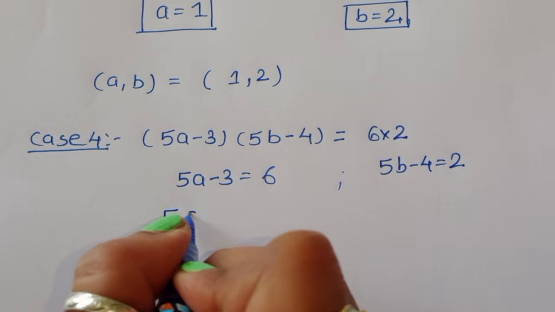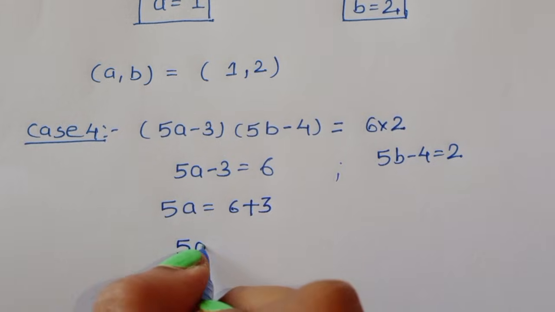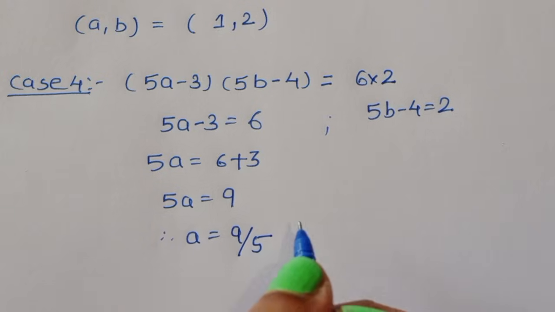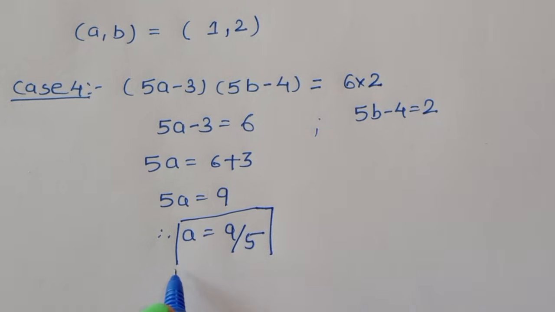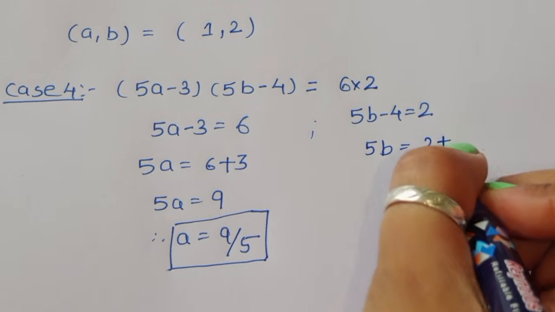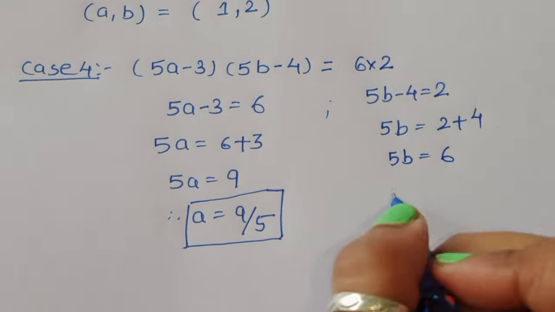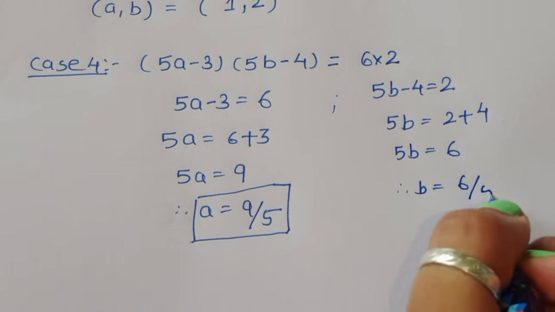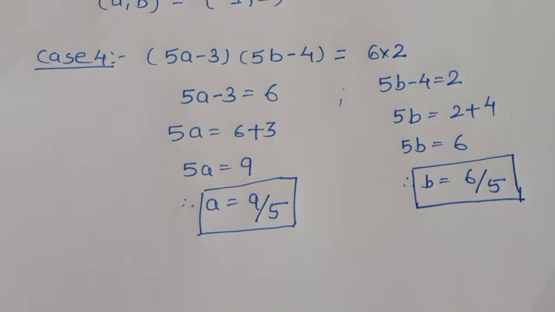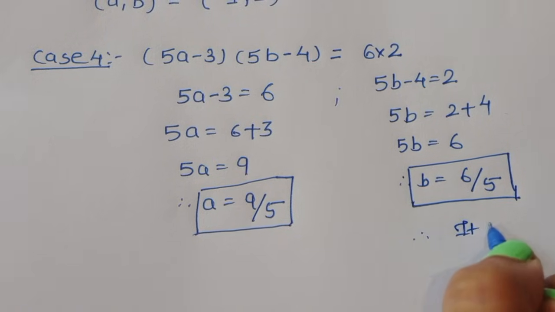So here 5a equal to 6 plus 3. 5a equal to 9. Therefore a equal to 9 upon 5. This is the value of a. And here b, 5b equal to 2 plus 4. 5b equal to 6. Therefore b equal to 6 by 5. But according to the given condition, a, b belong to integer numbers, and therefore it is rejected.